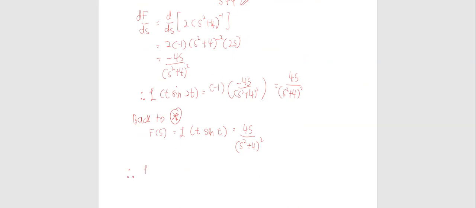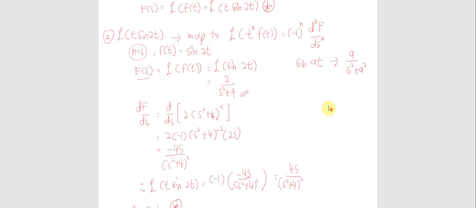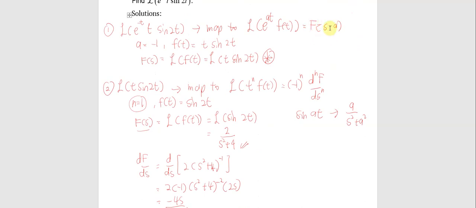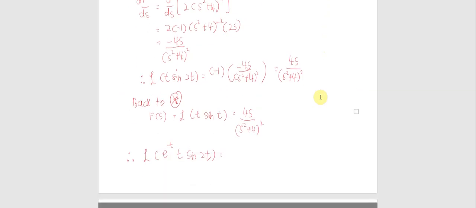So the Laplace of the whole function e^(-t) t sin 2t equals F(s - a). We will follow this one: s - a, where your a is -1. So s + 1, giving 4(s + 1) over ((s + 1)² + 4) the whole thing squared.